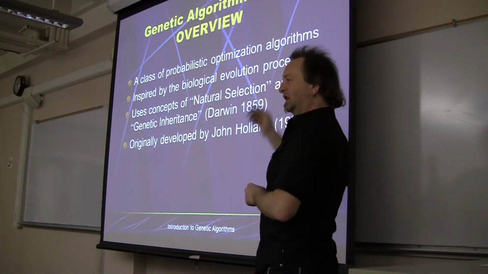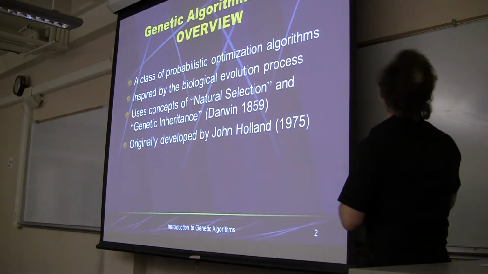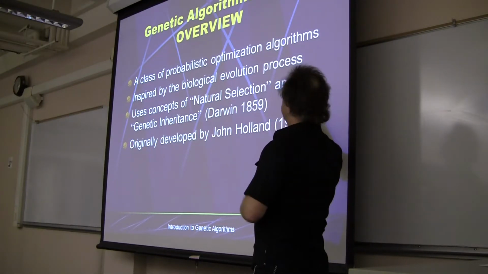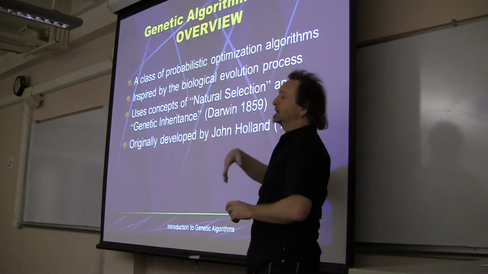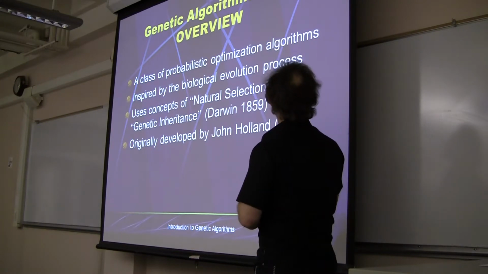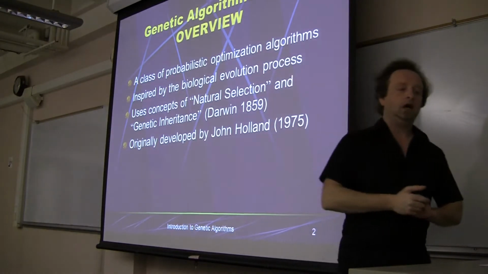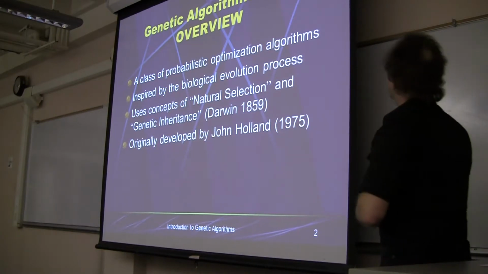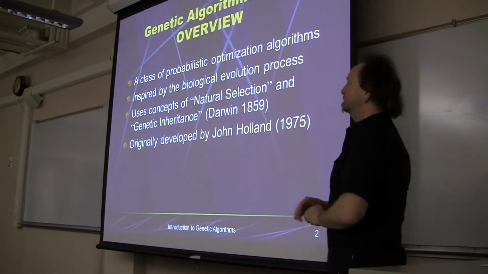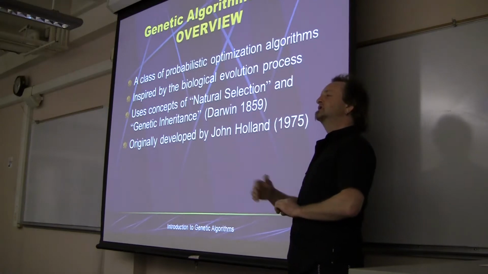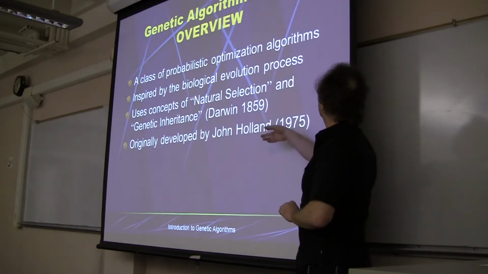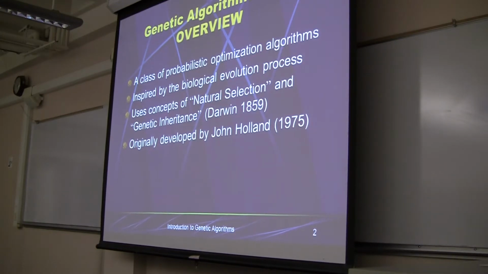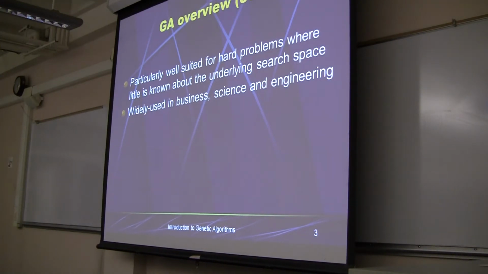This method of optimization is inspired by evolution, using the concepts Darwin first thought of, natural selection and genetic inheritance. It was originally developed by a very interesting guy, John Holland, back in 1975. John Holland did a lot of work on snail brains and things like that, and he developed this concept of genetic algorithms.